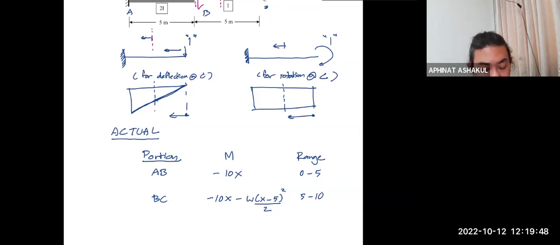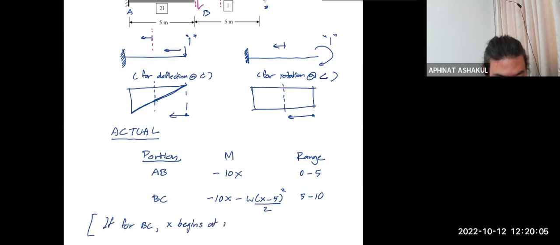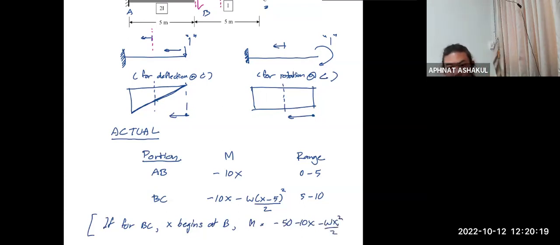Before we have a break, if for BC, x begins at B, your moment equation will become minus 50 minus 10x minus wx squared over 2, right? How do I get that? Free body diagram, force, whatever.